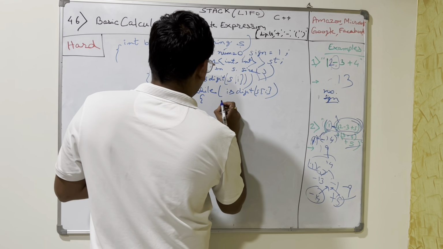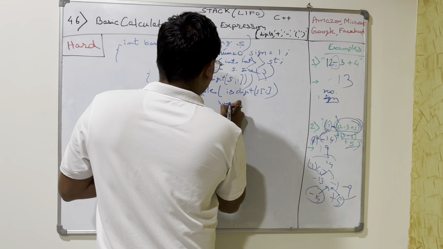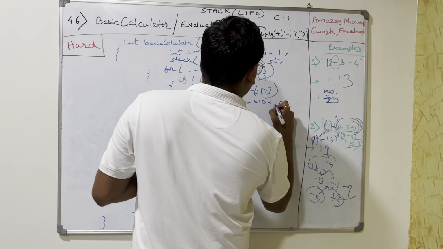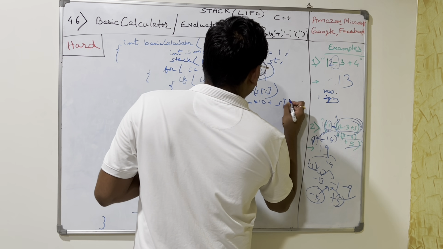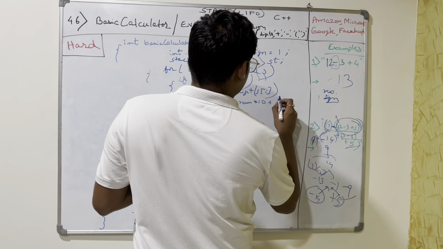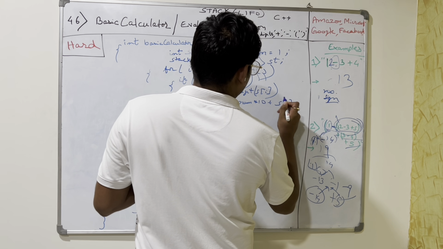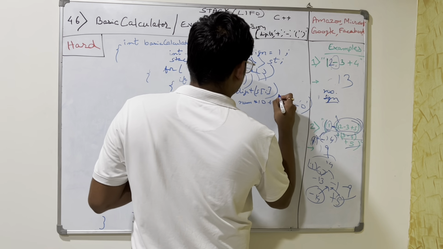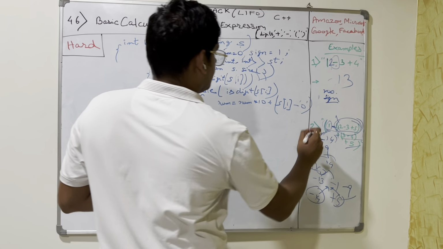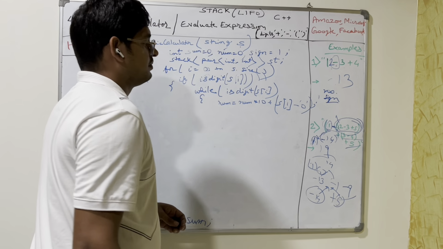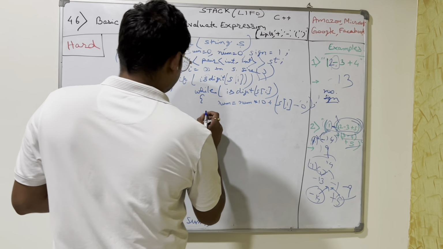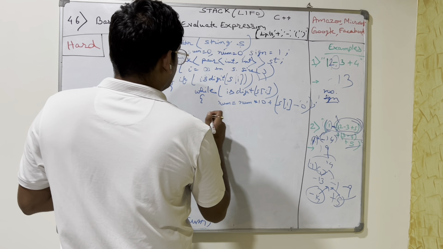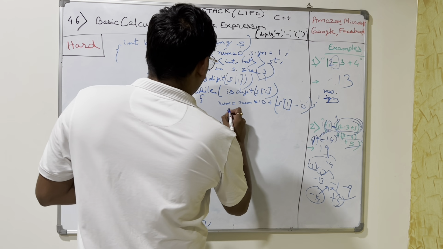Then we will have num = num * 10 + s[i] - '0'. This is what we have done. Once this is done, if it is not a digit, we will increment i plus plus.